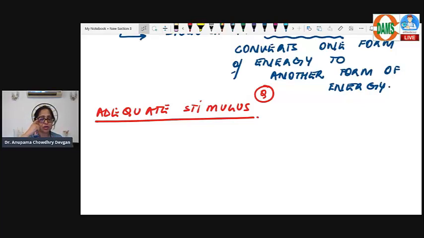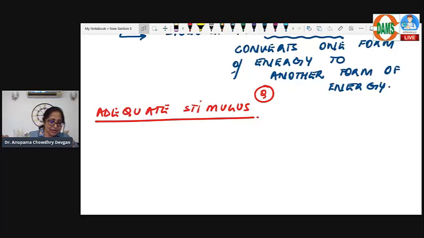That means if I give pressure on the eyeball, I get flashes of light. But the rods and cones are more sensitive to light. Pressure has to be intense to stimulate the rods and cones. So the adequate stimulus for rods and cones is light.